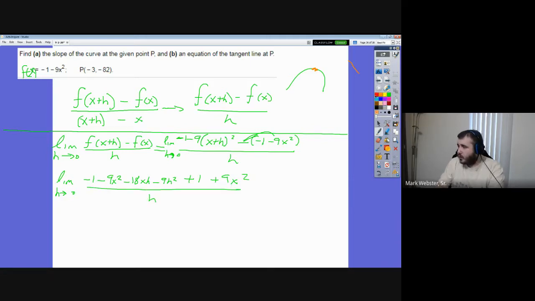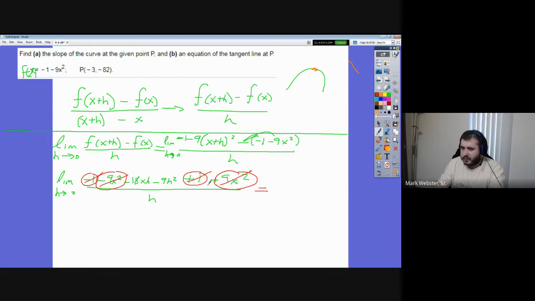And what I want to show you is that everything that's not an h term is going to cancel out. Look, -1, there's always going to be this +1 to cancel out with it. Goodbye. This -9x squared, there's always going to be a +9x squared to cancel out with it. Goodbye.